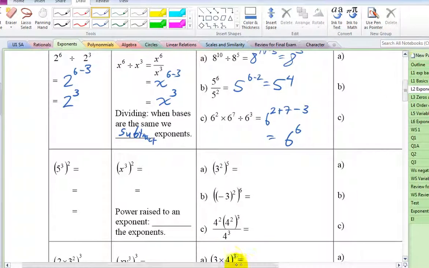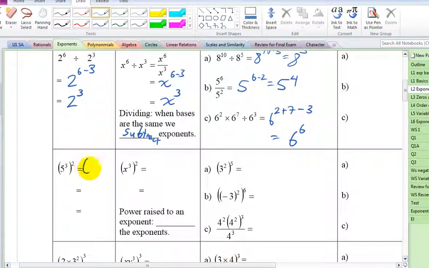If we wanted to expand this, we would expand that as 5 cubed times 5 cubed. And then we expand that as 5 times 5 times 5 times 5 times 5 times 5. How many 5s are there? 6.